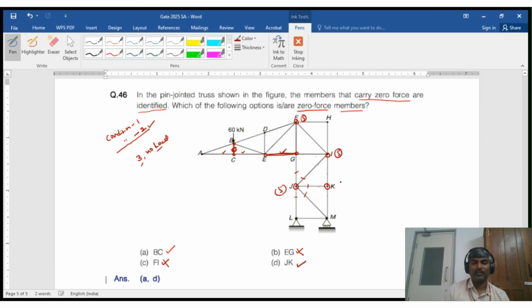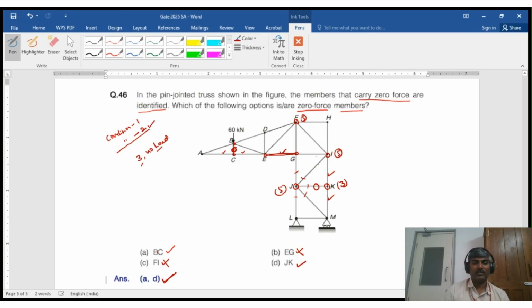Out of 3, 2 are collinear, no load at all, and this third member force is 0. That means JK member force is 0. So among the 4 members identified by the examiner, 2 members are zero force members. There are other zero force members present in the structure, but your answer is only these 2 members.